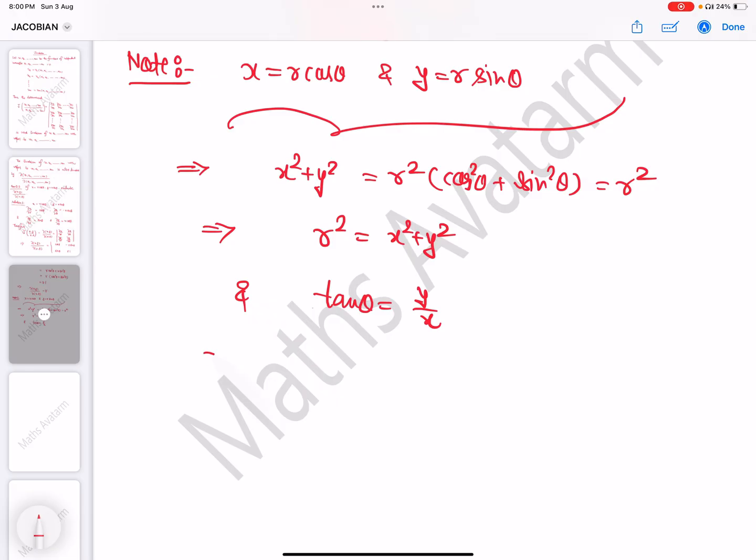So we have r square is equal to x square plus y square, and theta is equal to tan inverse y upon x.